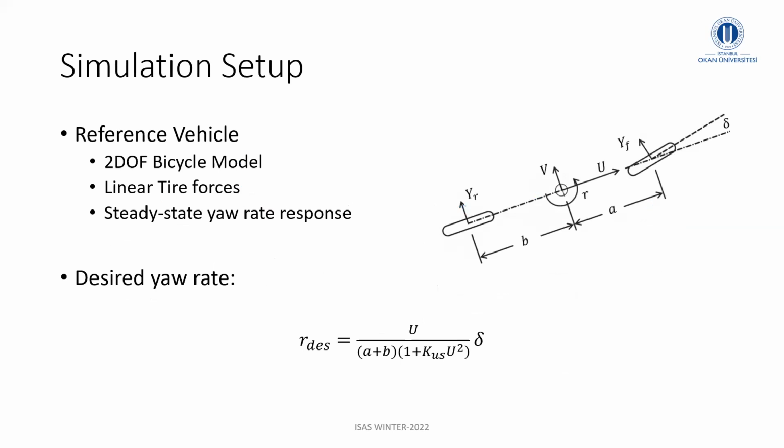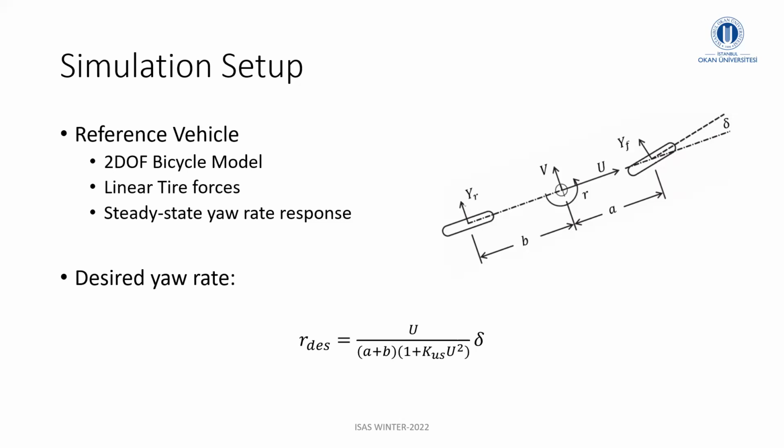In my simulation, I've used a 2 degree of freedom bicycle model as a reference vehicle with a linear tire force model, and the yaw rate response is calculated under steady state conditions. The desired yaw rate can be calculated through simple trigonometry and geometry, as the equation states, where KUS is the understeer gradient.